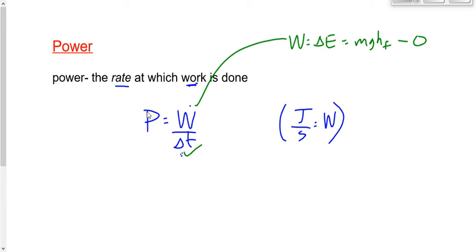So we're going to say that work is equal to mgh final minus 0, or in other words, in this case, mgh final. Remember how in that other problem I said be careful, it's not always 1/2 mv squared? Clearly, it's not always 1/2 mv squared. Here it's mgh final. We find the work, and if you can find work, then all you got to do to find power is simply divide it by time. So our equation for this example that we're doing today ends up becoming mgh final over the time.